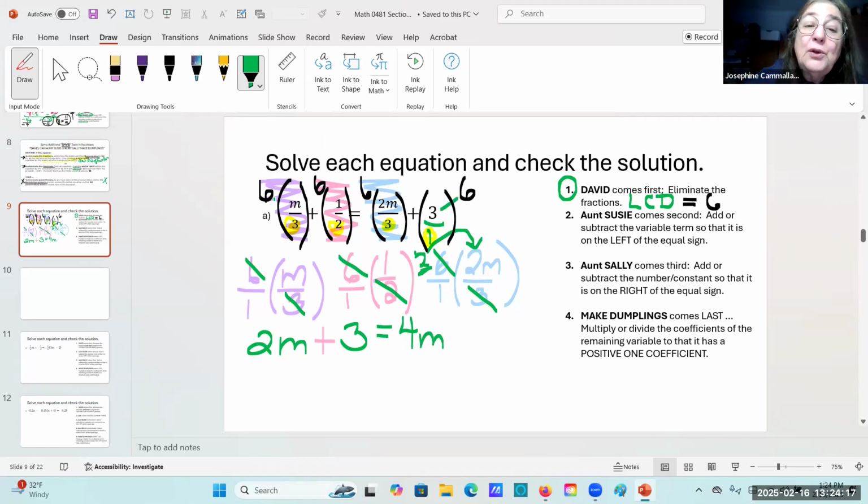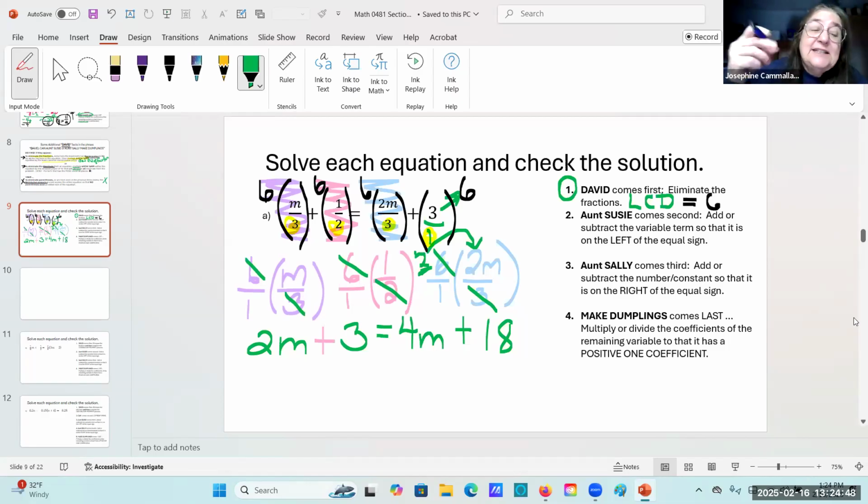And lo and behold, 3 times 6 behind the plus is 18. I have just gotten rid of my fractions. Oh, how nice. Wasn't that a very easy thing to do? David said, eliminate the fractions. That's the first thing I did.